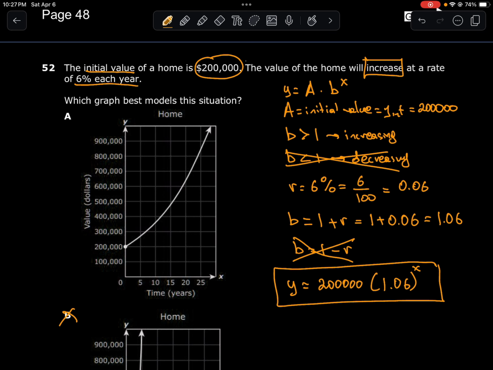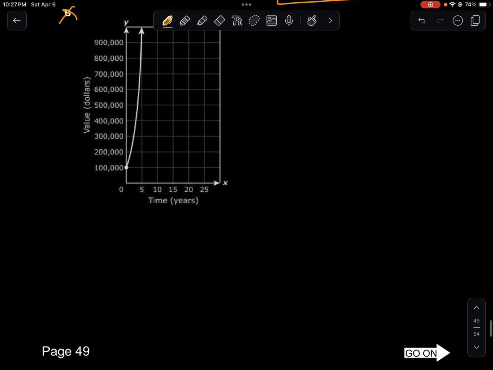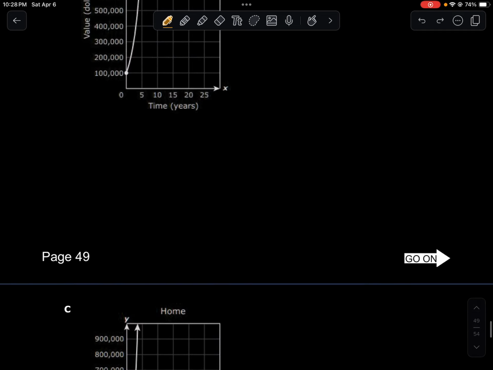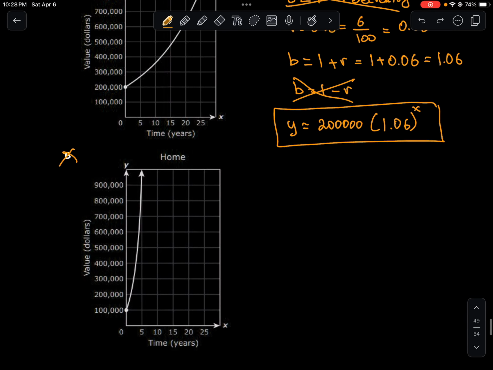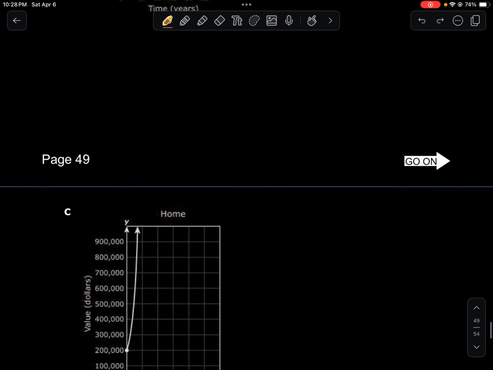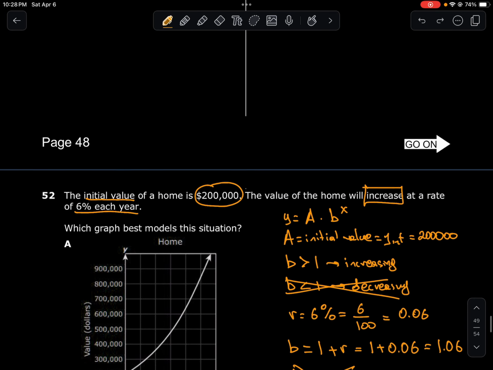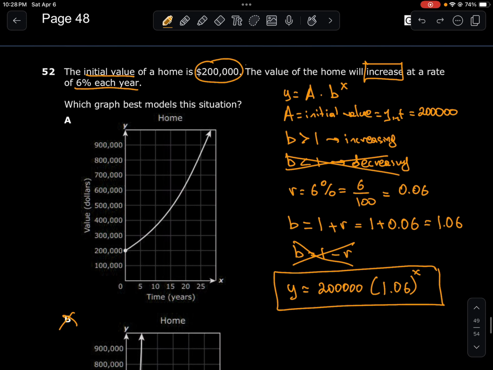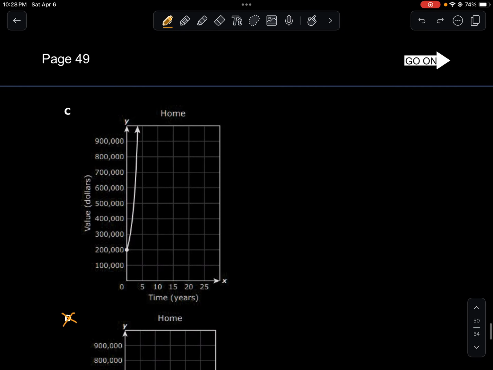Well, what can I say? They're both increasing. This one is a little steeper than that one. If you just want to use common sense, we're talking about a home, and the value increases. Looks like within, let's say, 2.5 years, the value becomes sort of 3 times more.